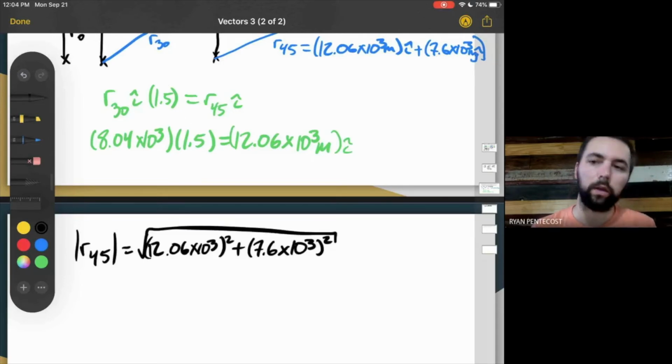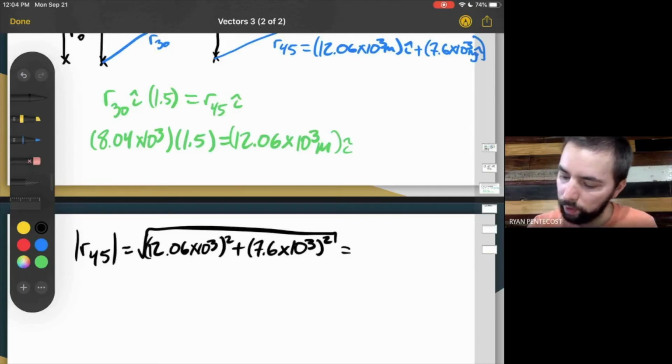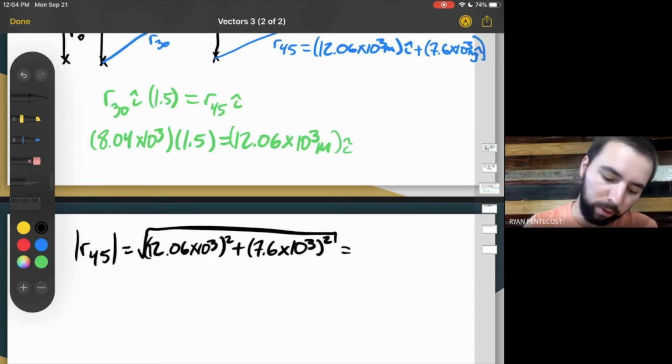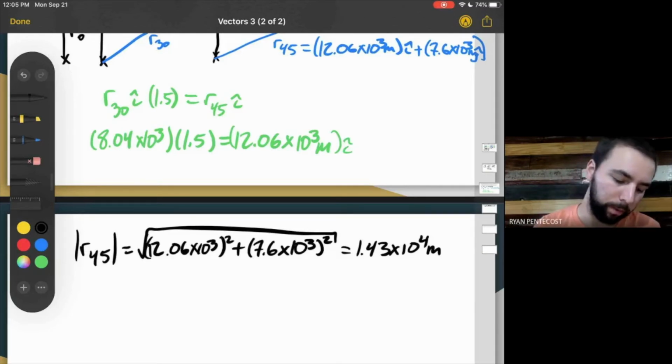Okay, just Pythagorean theorem that. You will get 1.43 times 10 to the fourth, or 14.3 times 10 to the third, however you want to put that. That's really up to you.